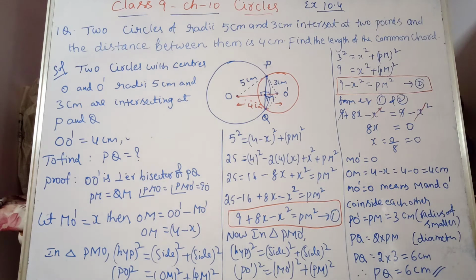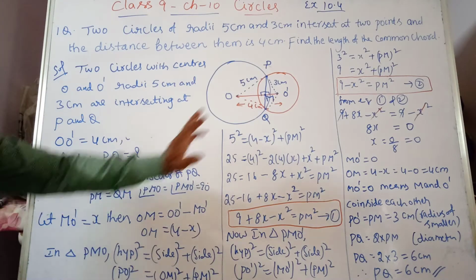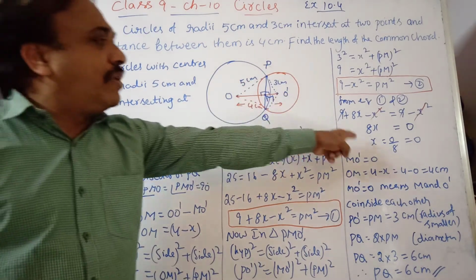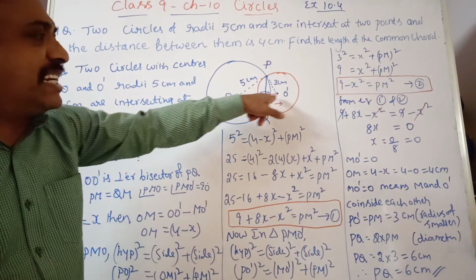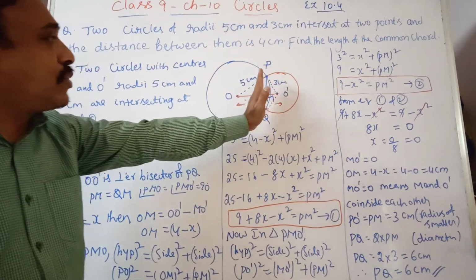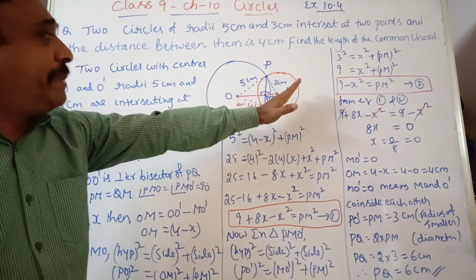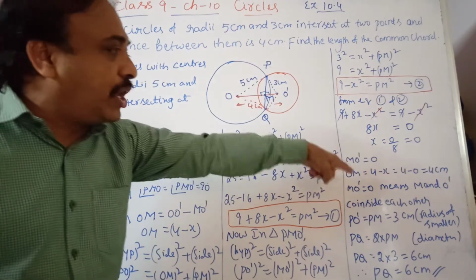First we took two right triangles, we equated each one and we got PM square is equal to PM square, and then we got x is equal to 0. That means this distance is nothing. It became 0, which means O dash is coinciding with M. That means PO dash is nothing but PM, which is the radius of the smaller circle.